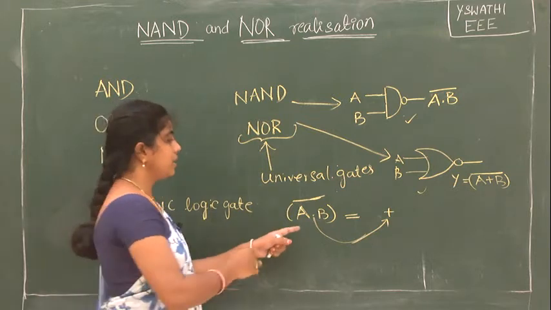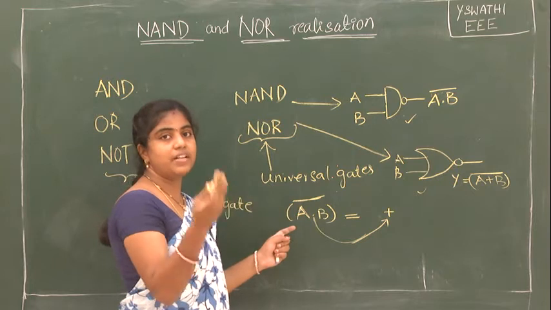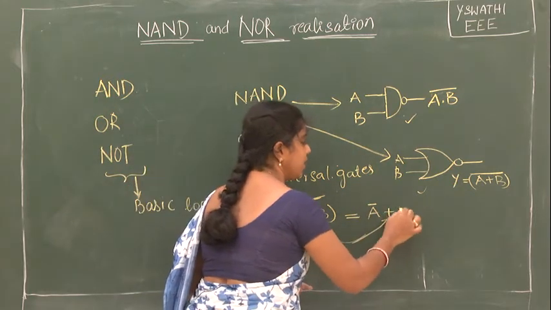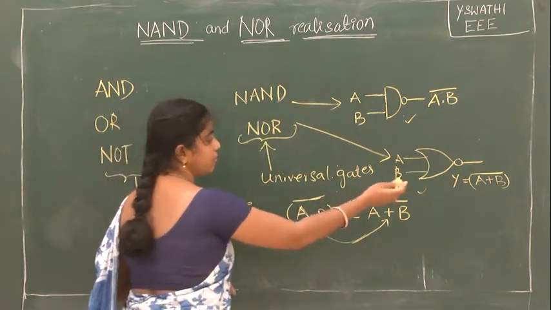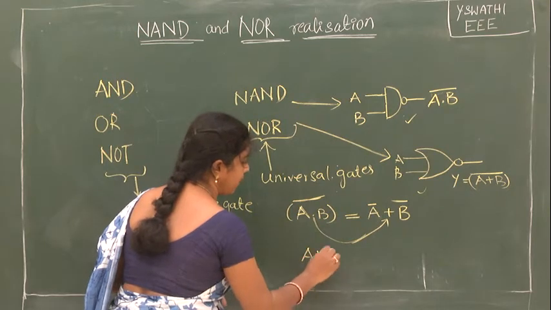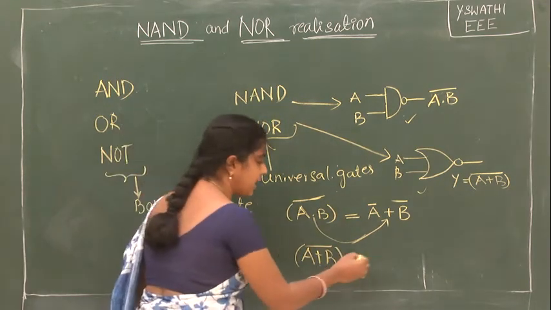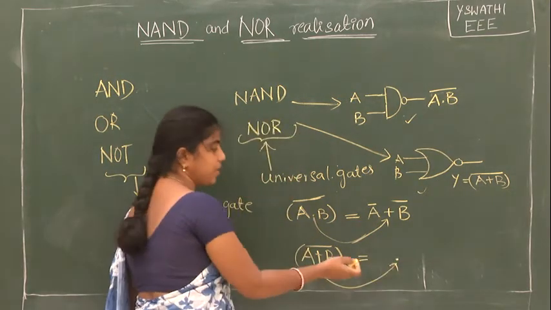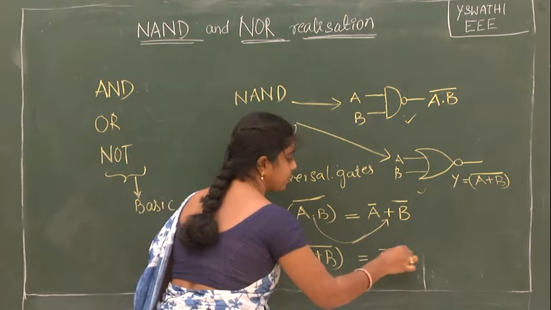When you are splitting out the terms, you have to complement each variable. Now, if you write A plus B whole bar, by using De Morgan's law, again this OR is converted to AND, and each variable should be complemented: A bar dot B bar.